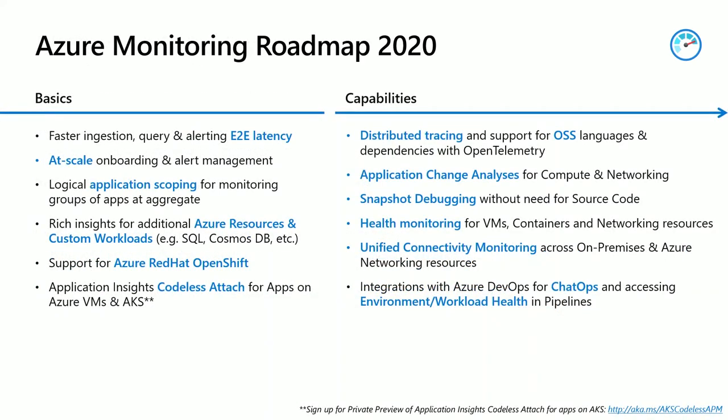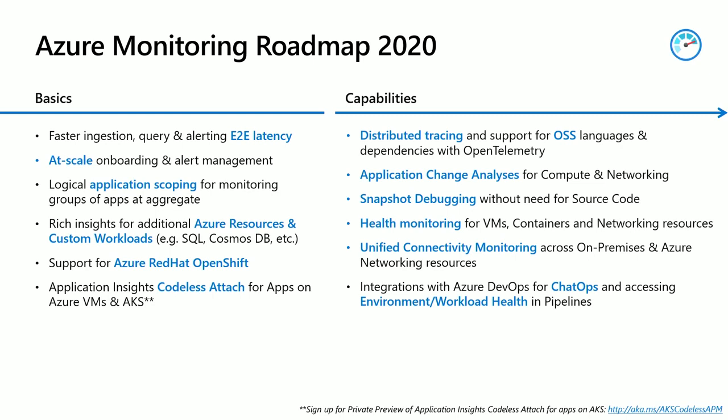Jumping on to the roadmap, this is guidance on what we're trying to do in 2020. We will definitely continue to improve latency. You have already seen improvements, and we'll continue to see improvement, getting to sub-minute latency for both metrics and logs, as well as alerting. We will continue to enable more scenarios for at-scale onboarding.